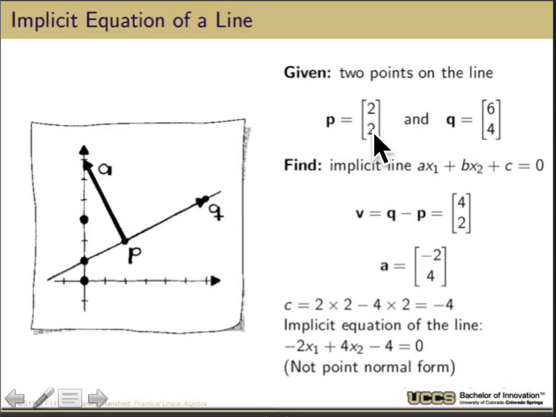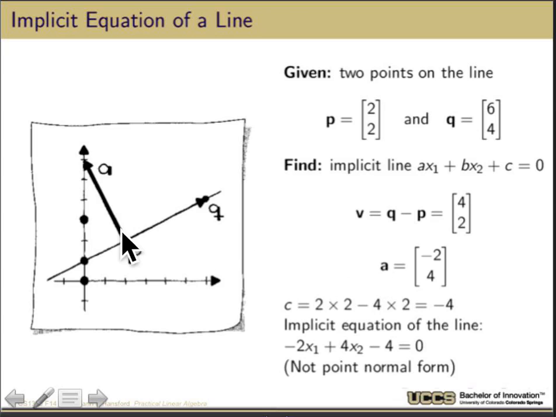the implicit form. Given 2 points, P and Q, (2, 2) and (6, 4), we can find the implicit representation by taking Q minus P. That gives us the vector from P to Q. Now we want to take the normal. We compute the normal by just swapping the coordinates and negating one.